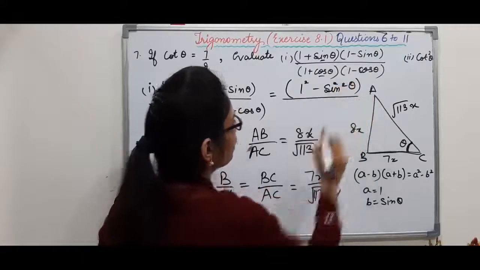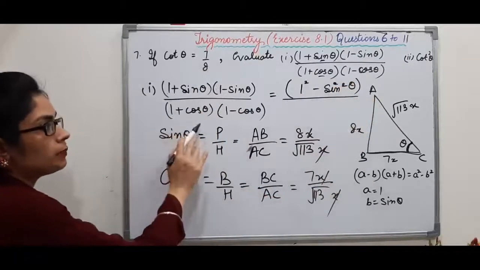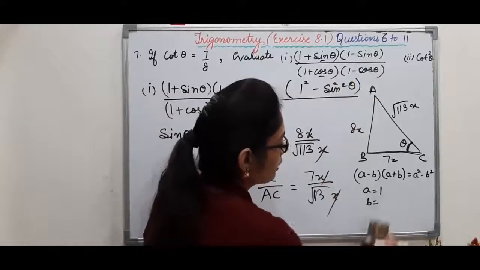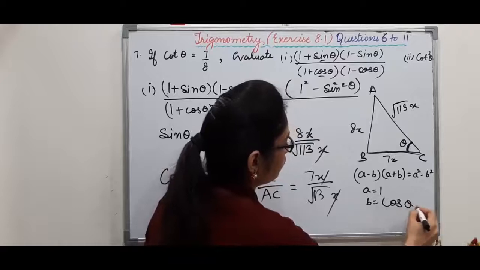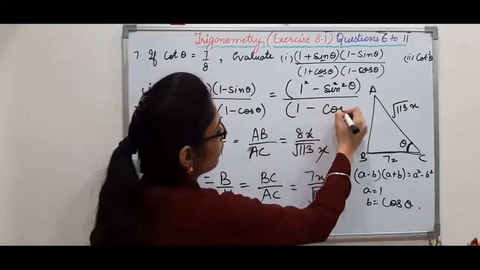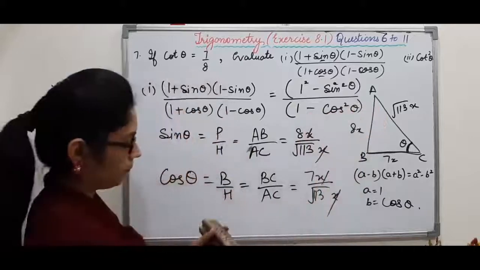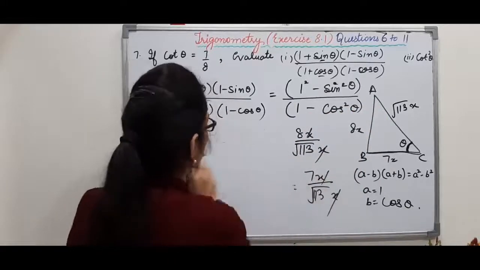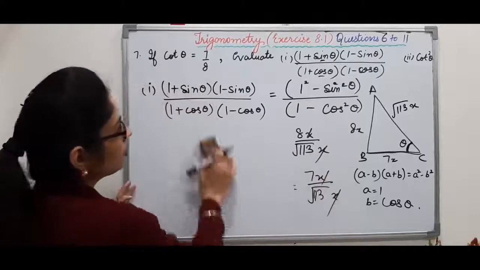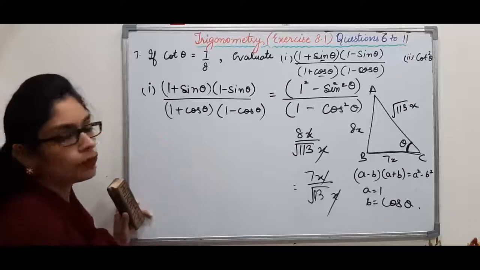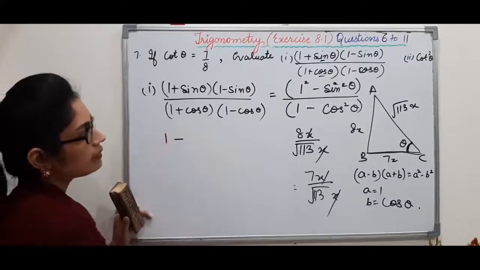So here also A plus B, A minus B. A is 1 and B is cos theta in this case. So we can write A square minus B square. Okay, now we can put the values. So 1 square remains 1, minus sine square theta.